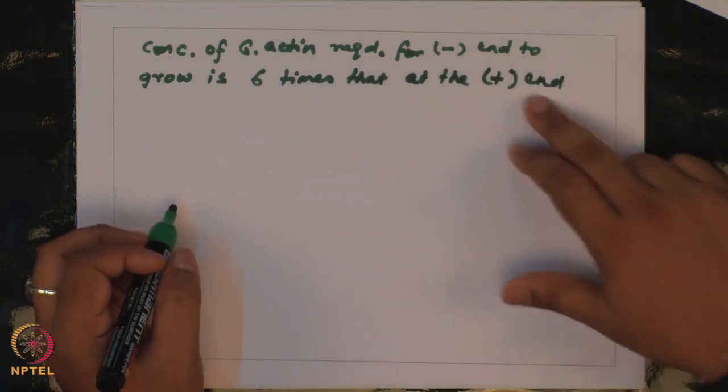Because for a filament to grow at the plus end you need a critical concentration of 0.1 micromolar, versus for the filament to grow at the minus end you require 0.6 micromolar. So you require a 6-fold higher concentration.